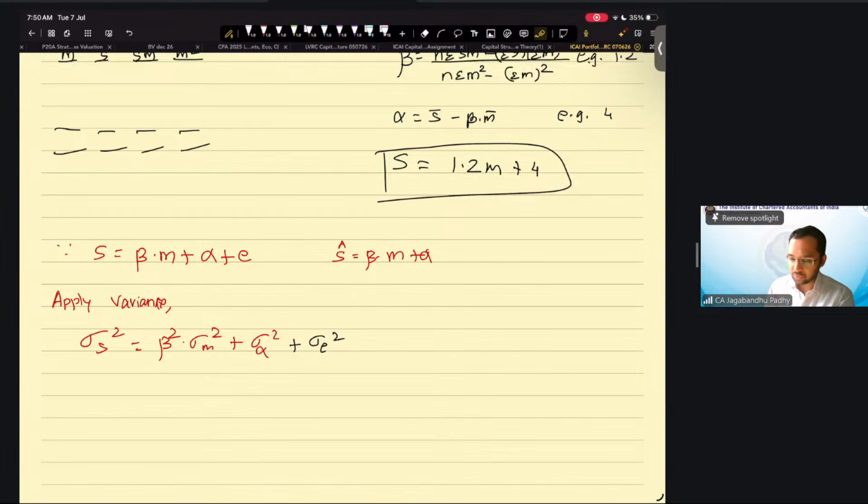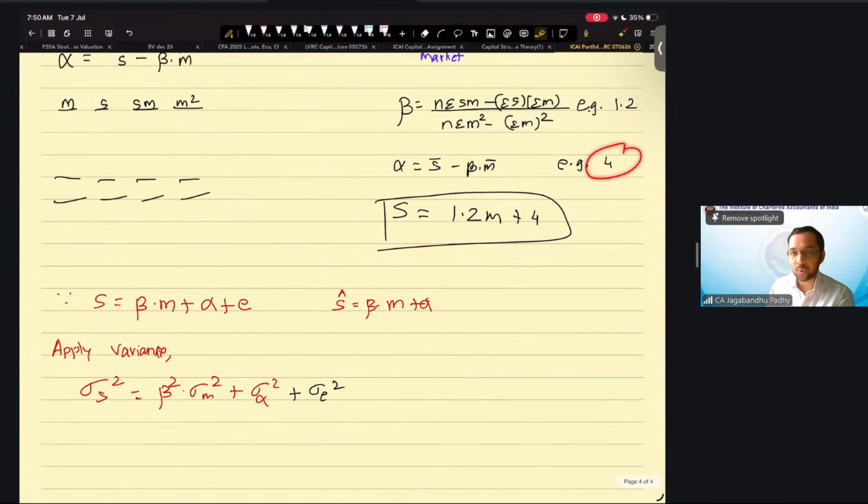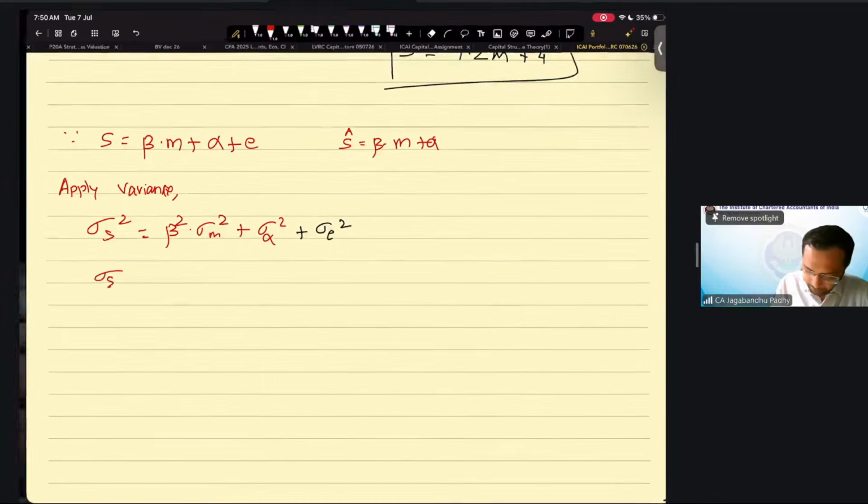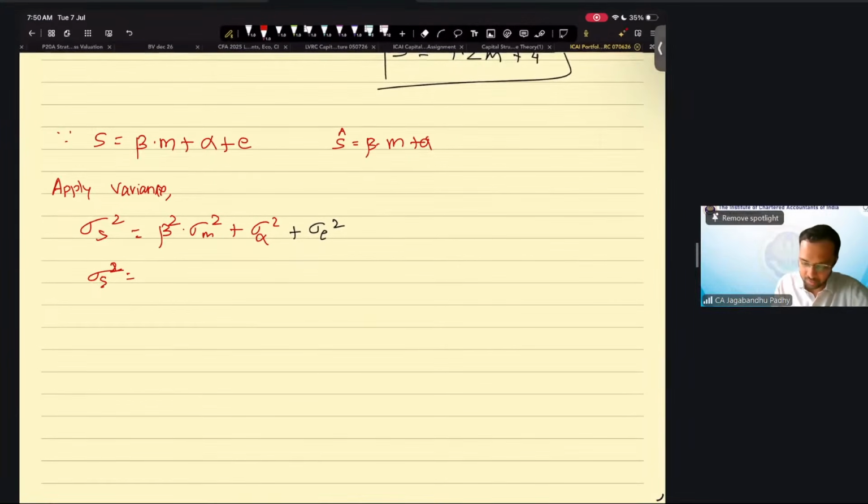If I tell you, let's say alpha is 4, there is no variance possible in that, right? And therefore, we have this formula coming out to be: variance of security is equal to beta square into variance of market plus variance of error term. This is your total risk.